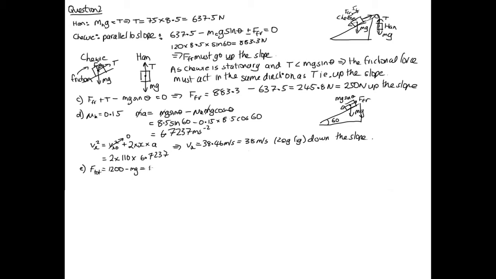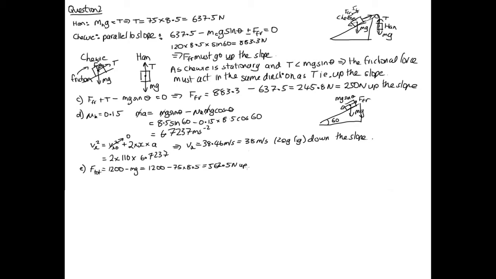So the net force acting on him is 1,200 minus his mass, which is 75, times g on this planet, which is 8.5. So the net force acting on him is 562.5 newtons upwards.